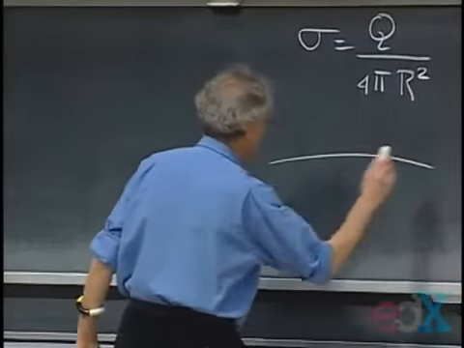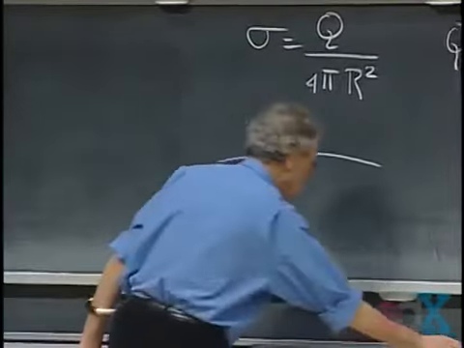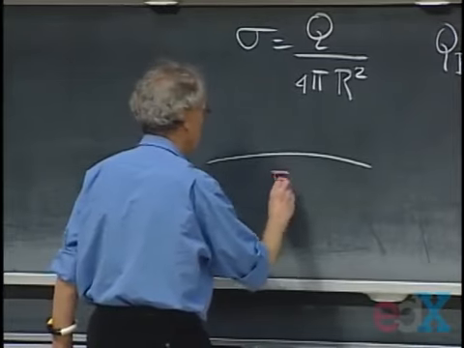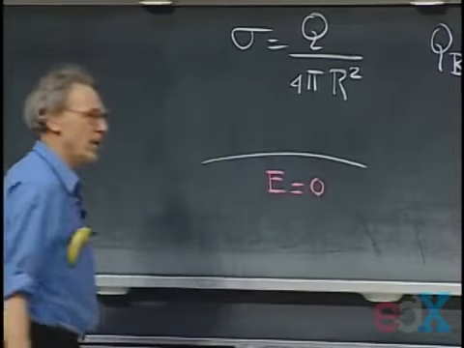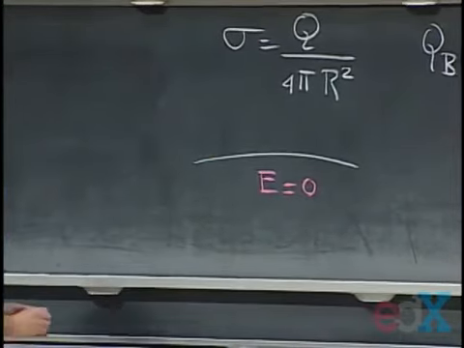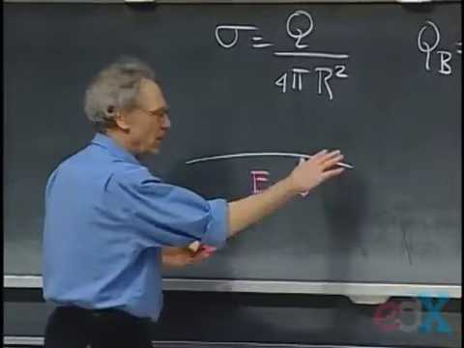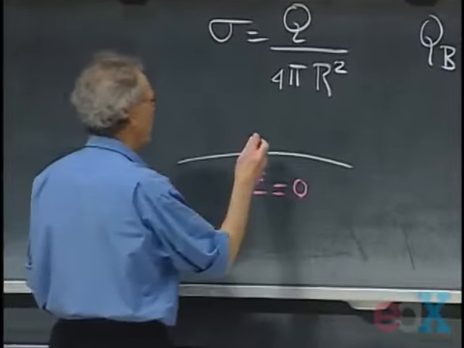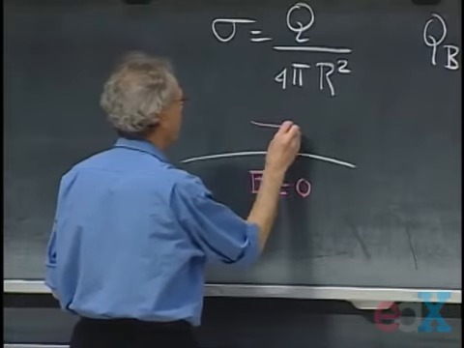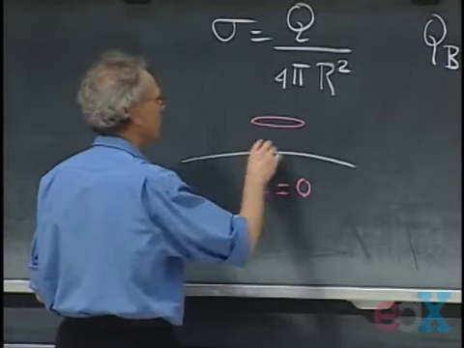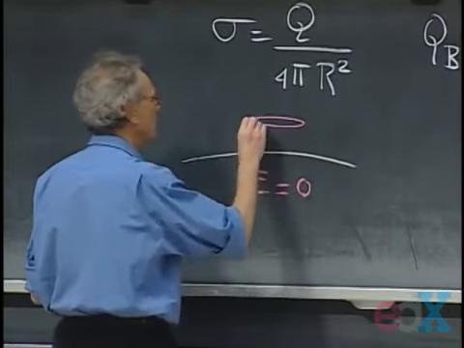If this is the surface of a conductor, any conductor, a solid conductor, where the E field is 0 inside of the conductor, and there is surface charge here, what I'm going to do is make a Gaussian pillbox. This surface is parallel to the conductor.